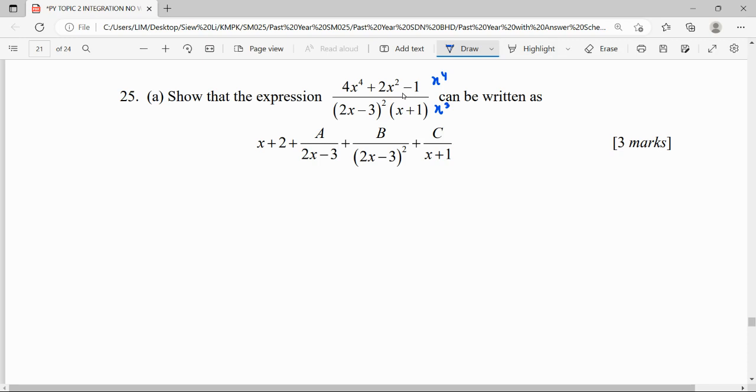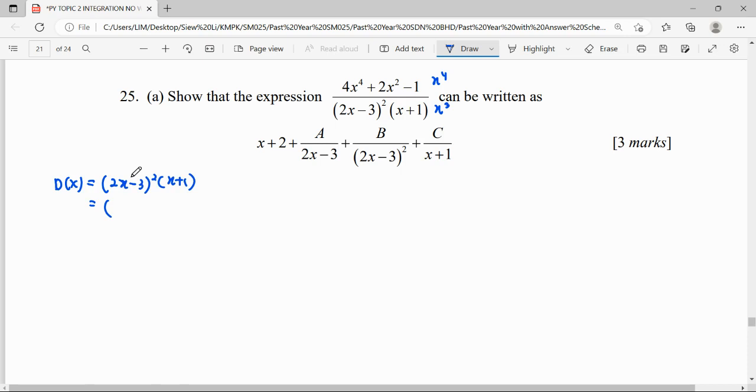So for an improper fraction, we have to simplify first by using long division. So first, we find out what our divisor is. Expand it.